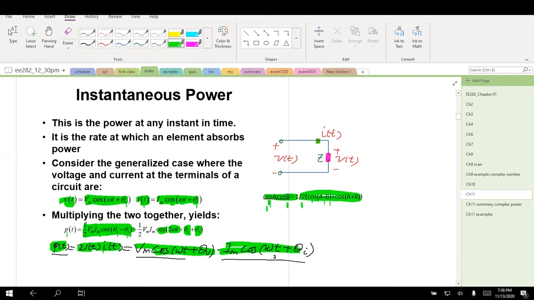The instantaneous power on this device contains a constant. This first term is not a function of time, it's a constant. And the second term is a function of time, it's a cosine. The frequency becomes 2 omega.